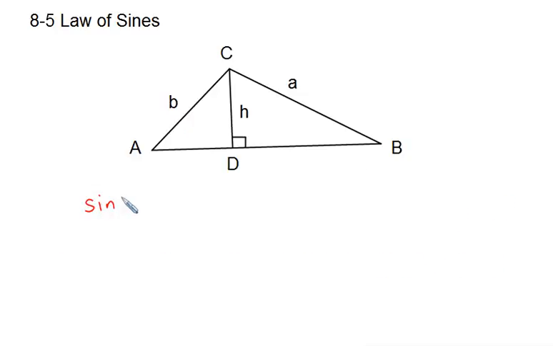Sine of A equals, now sine is opposite over hypotenuse, so that would be h over b. Likewise, over here, I would have sine of B, sine is opposite over hypotenuse, so that would be h over a.